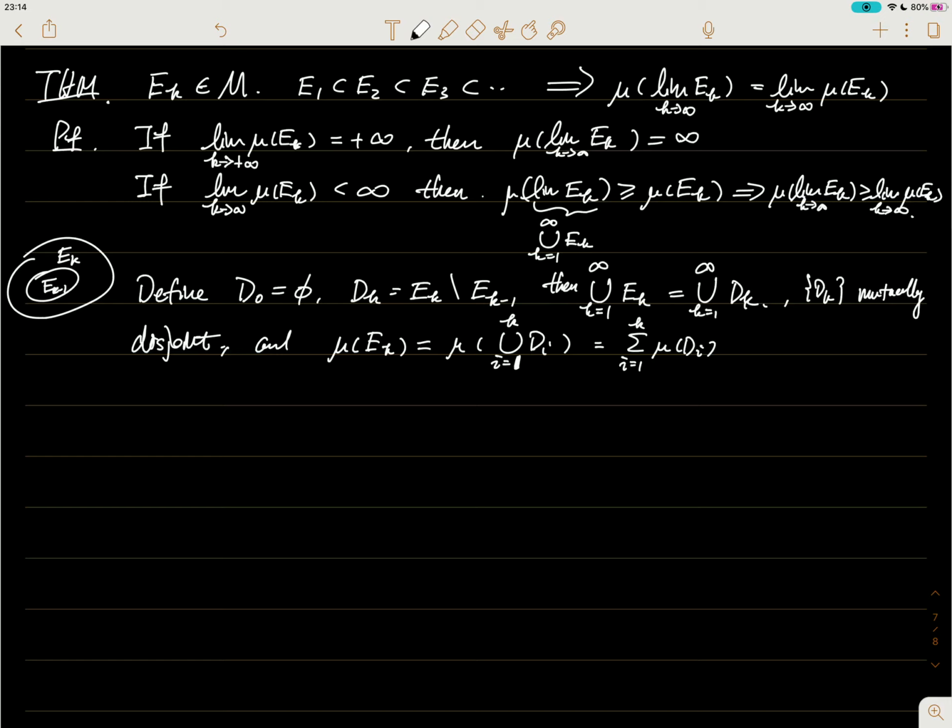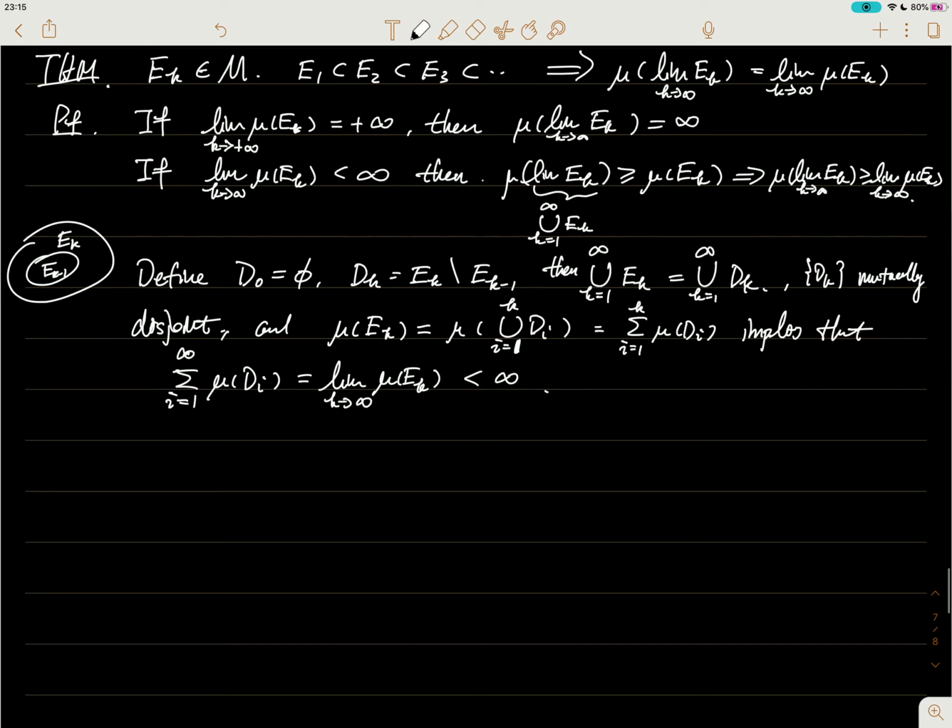And we know that the limit of this is finite. So this implies that this is equal to the limit of the mu of Ek, and that should be finite.